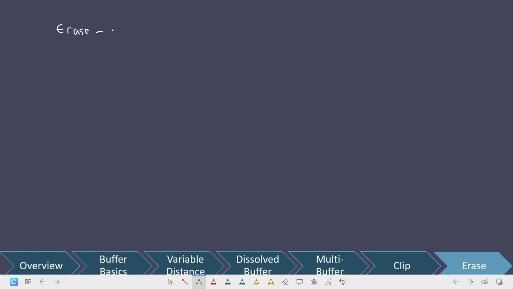is going to remove the geometry of the erase feature from the geometry of the input feature.